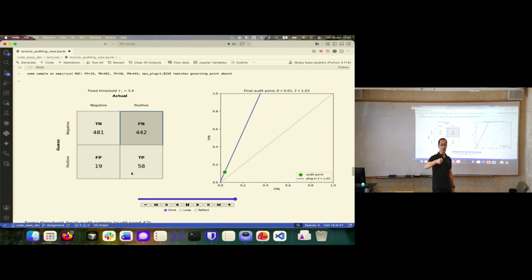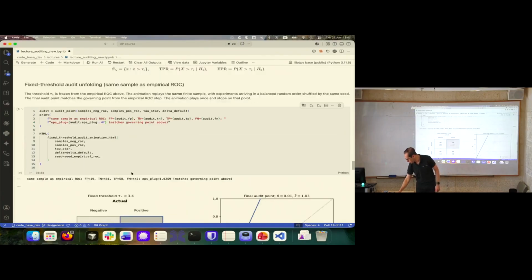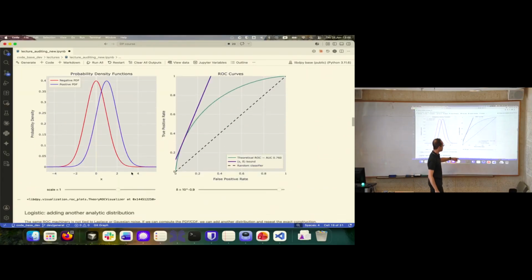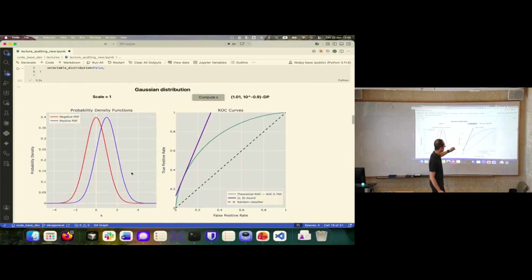Let's say I computed it with the Neyman-Pearson lemma. Now if I have a point here, this is not a lower bound. This is an exact value for the Gaussian mechanism. In this case, I can tell you for sure that the Gaussian mechanism with scale 1 is (1.01, 10^-9)-DP, up to whatever numerical stability. Why is that?